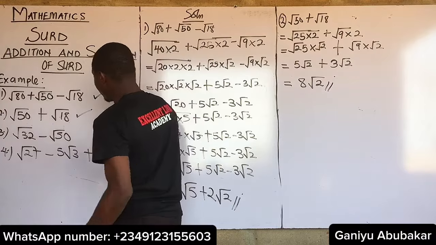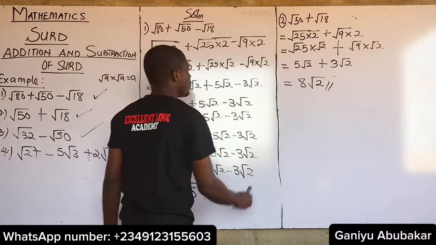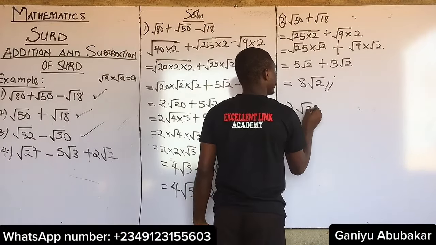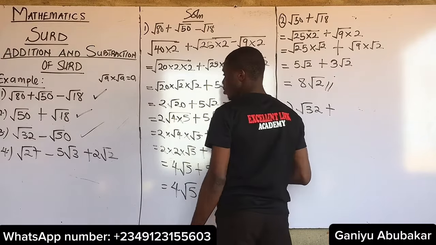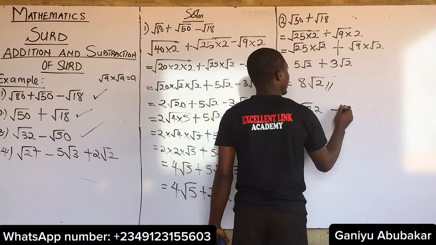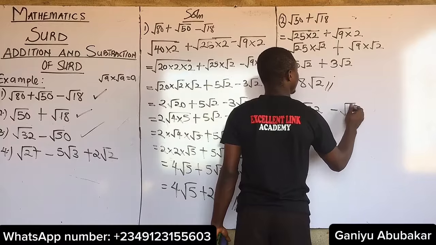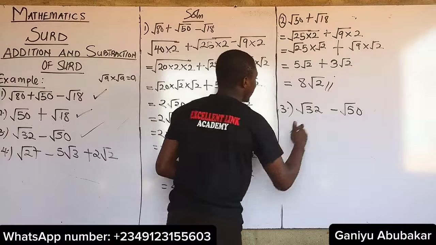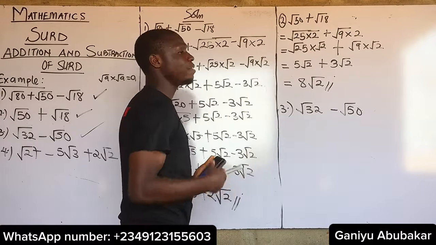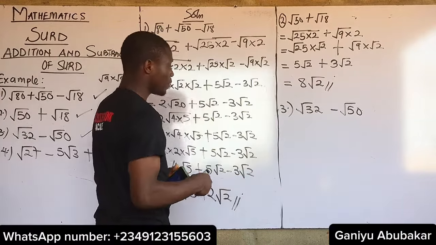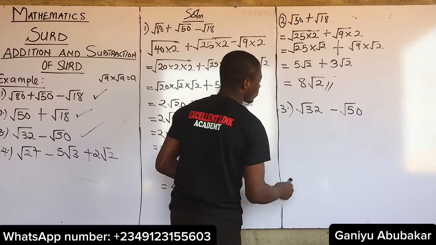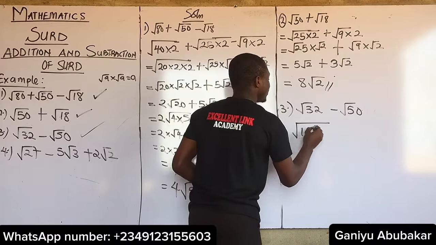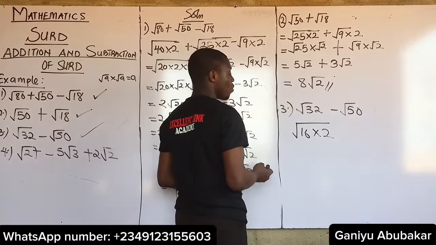Let's get number 3 done. Let's do number 3. For number 3 there, I'm having root 32 minus root 50. Alright, let's get this done. Let's take this one here to its basic form, right? So from here now, I can break root 32 as saying 16 times 2 will give 32, correct?